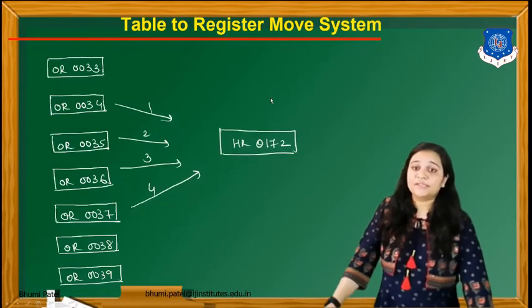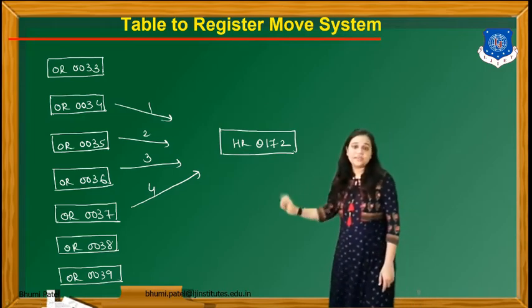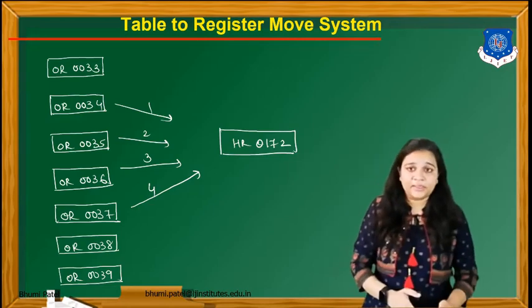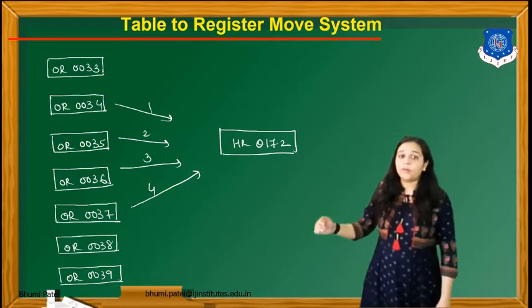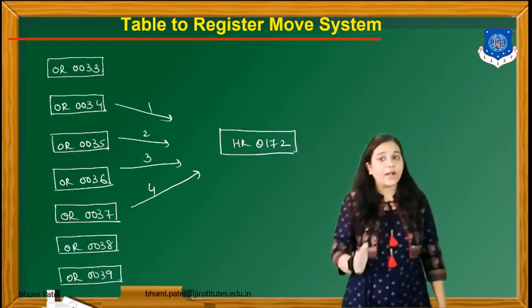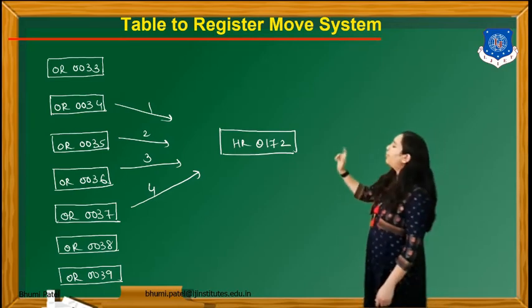So here you can see this is the end of the table, OR0037, and my length is 4. Using the length and the end point, we know the starting point of this table. It is OR0034. So you write the numbers 1, 2, 3, 4.